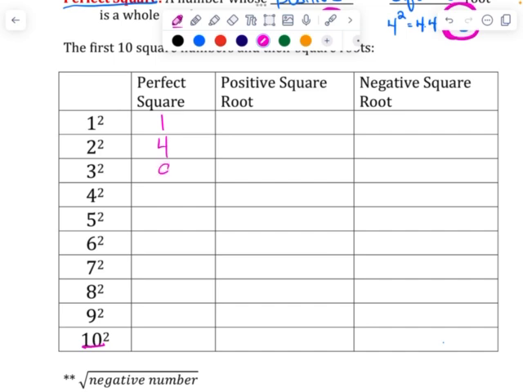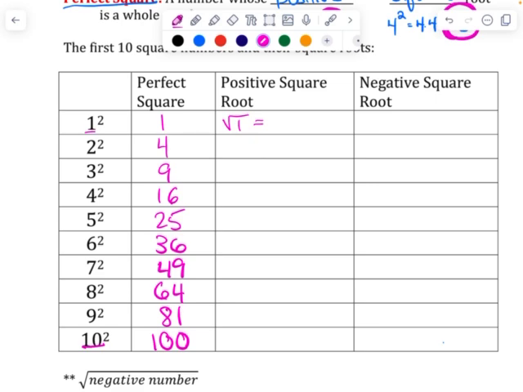All right, hopefully you have these numbers written down in this column. And these, again, are the perfect squares. Now, when we talk about positive square roots, this means that if I take the square root of one of my perfect squares, I should get what my base is, the positive square root.